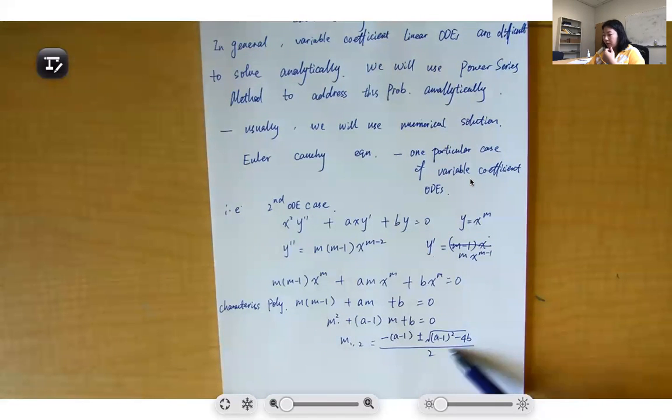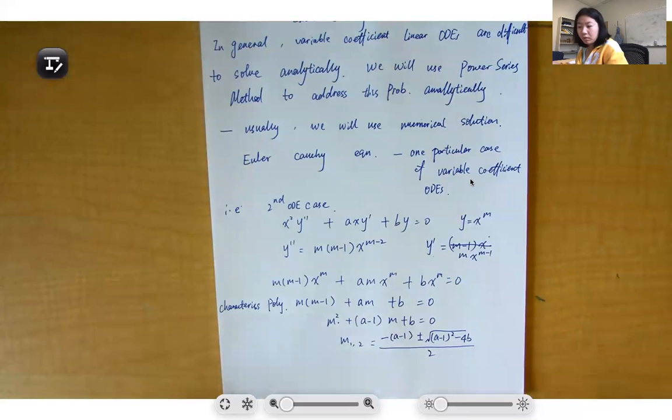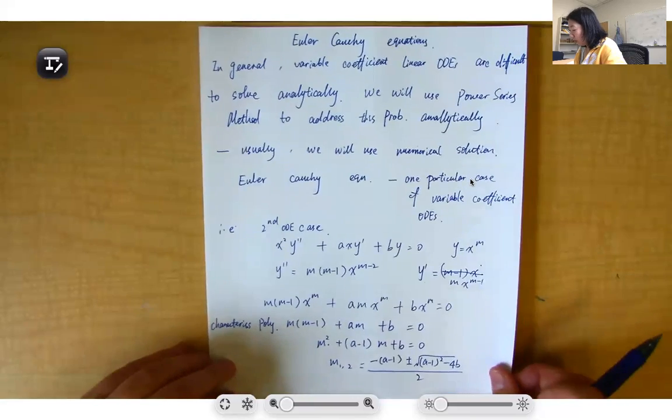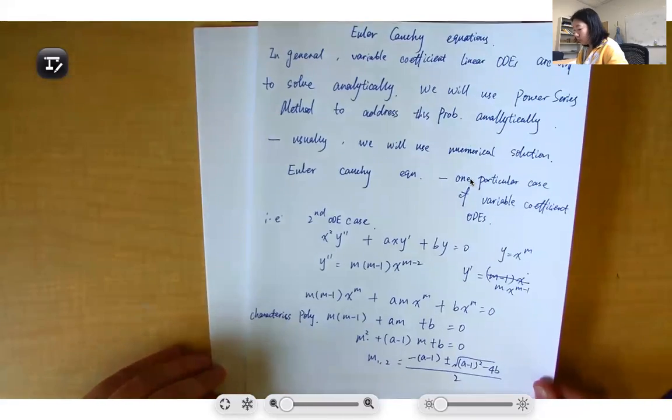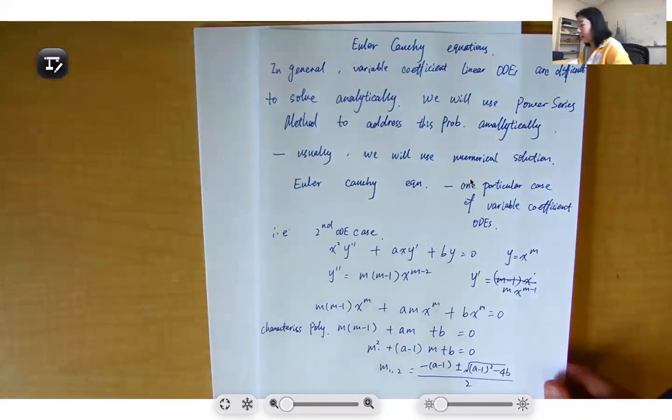Or if this equals 0, then you need to solve for another linearly independent solution using reduction of order. Okay, so we will introduce these three types of roots to see how the real solution looks like.